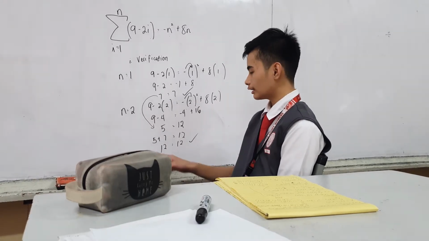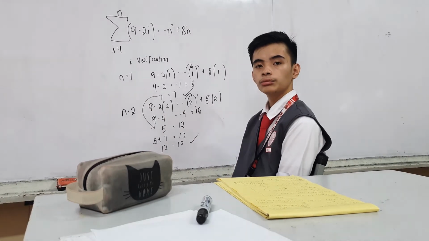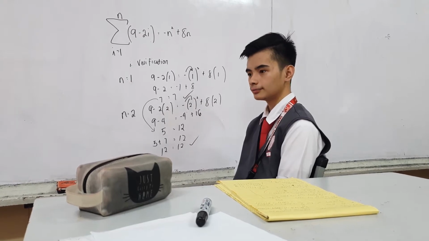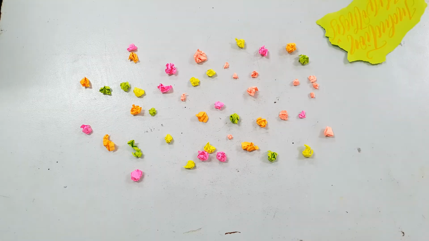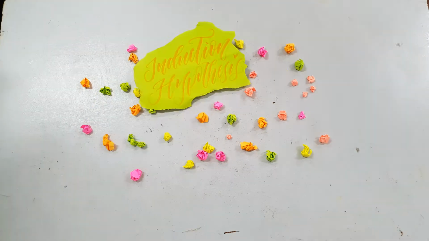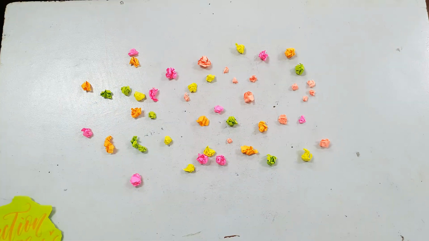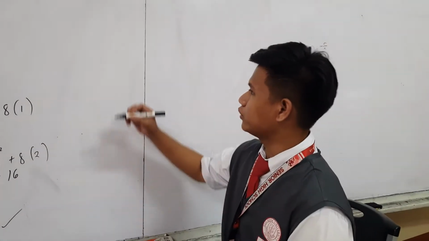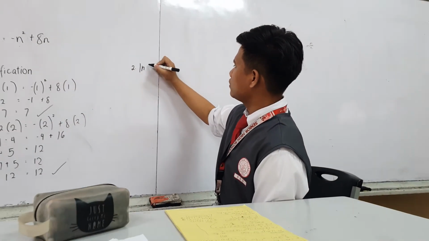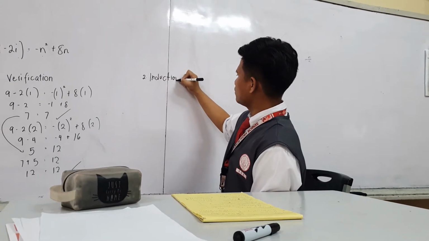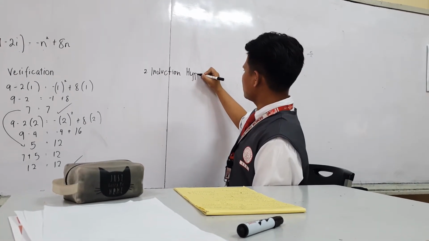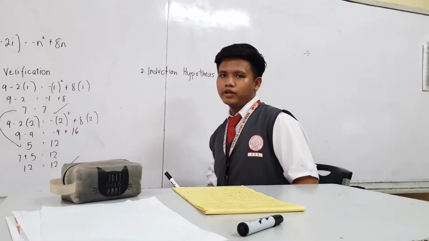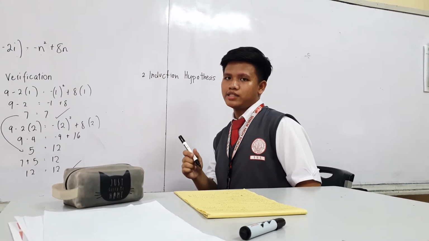If we are able to prove that these are equal, we need now to move on to the next step, which is the induction hypothesis. So now we're heading to the next step, which is the induction hypothesis. In the induction hypothesis, we need to assume that n is equal to k.